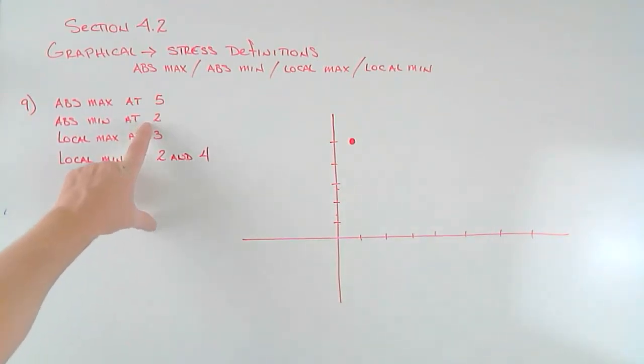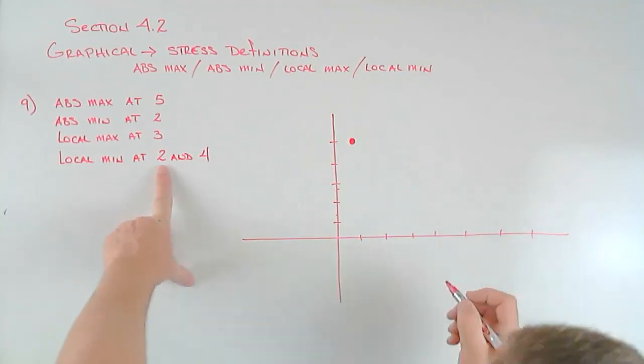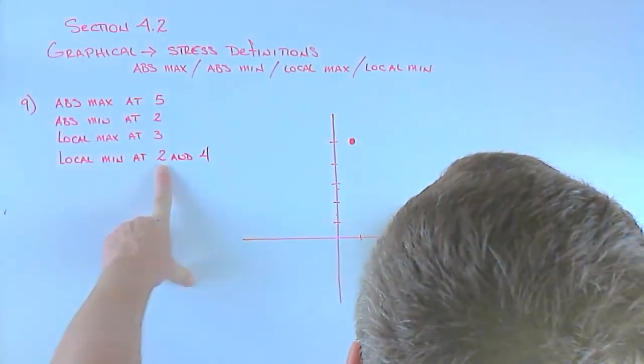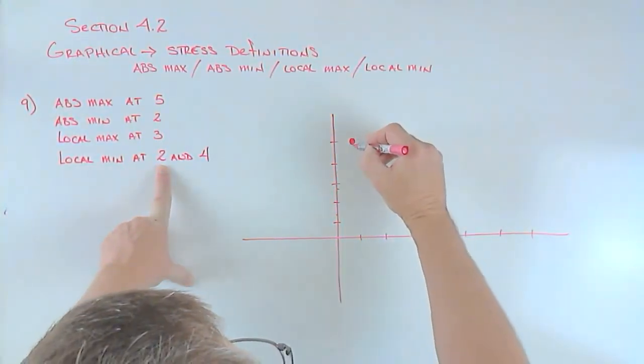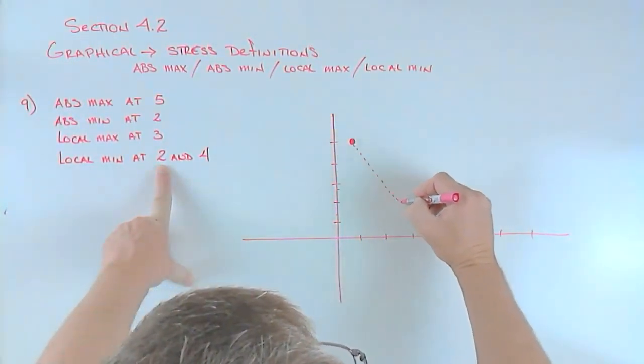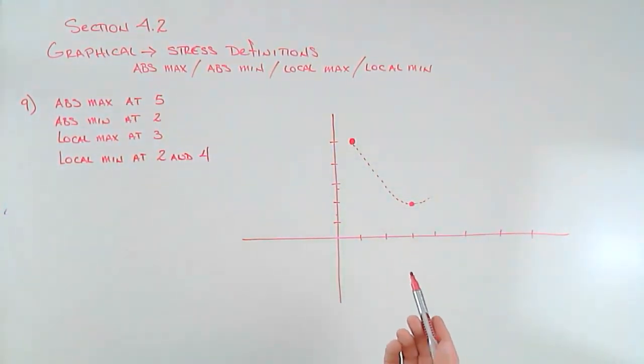Now my absolute min is going to be at 2, but it's also a local min. So if I wanted to, I could have my graph come down, go through this point. Now that is the lowest point on my graph.